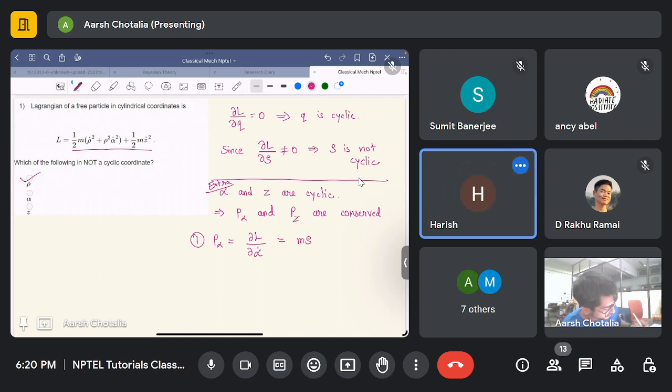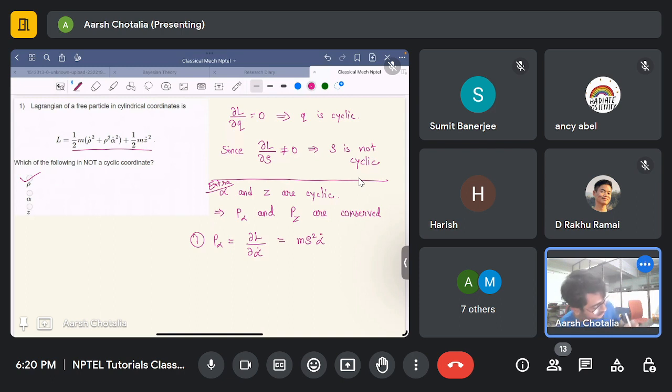m rho square alpha dot. That's right, because we have rho square alpha dot square. When you take the derivative, it will become 2 rho square alpha dot, and then you have this 2 in the denominator, so that cancels out. Okay. What is this quantity in physical terms?